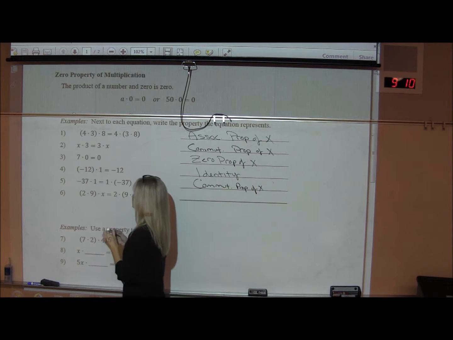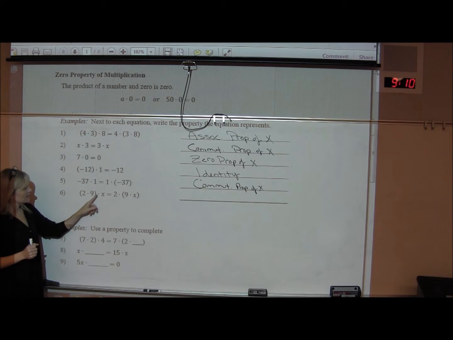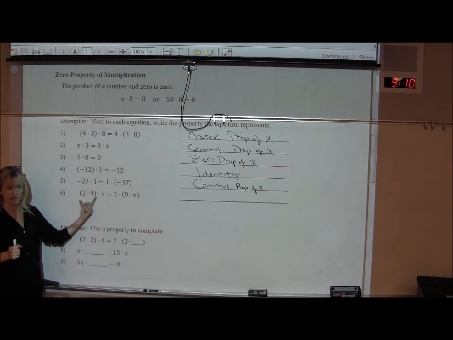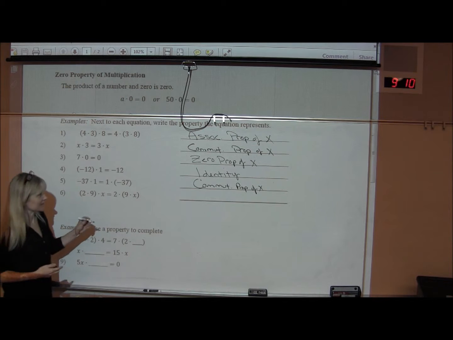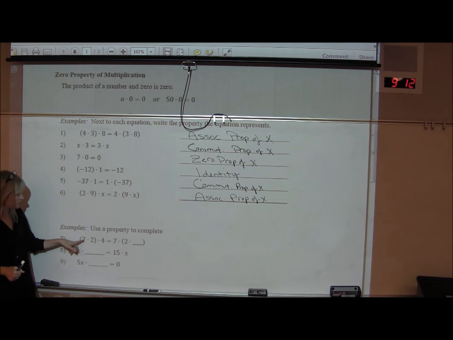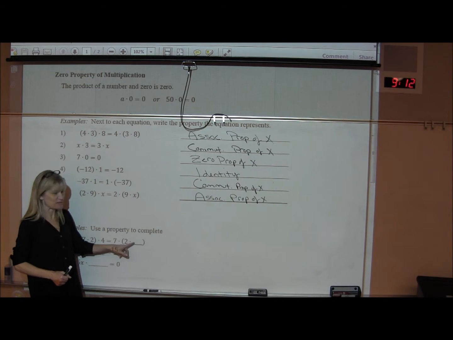All right. What about this one? The 2, the 9, and the x don't change their order, but the parentheses move. So what's that property? Associative, exactly. So if you have 7 times 2 times 4, that's the same as 7 times 2 times?